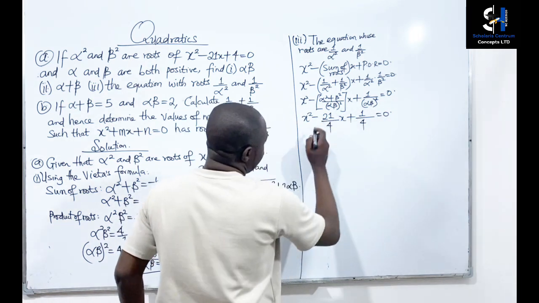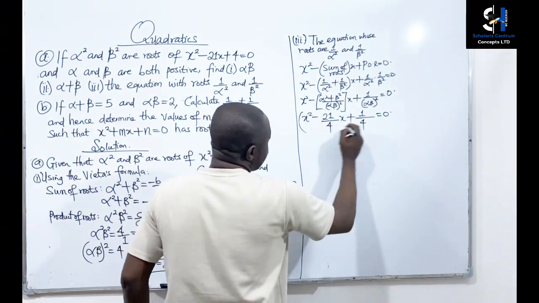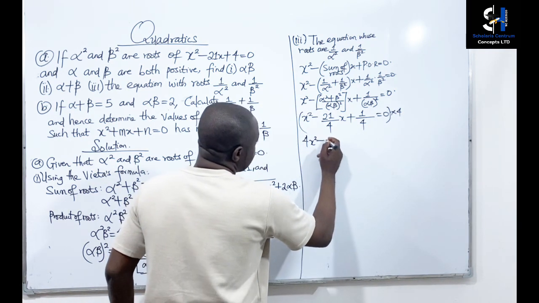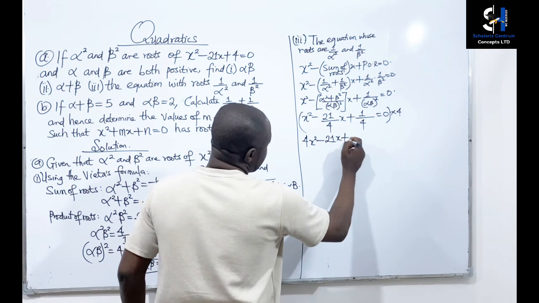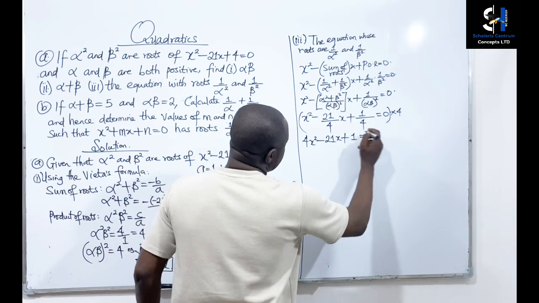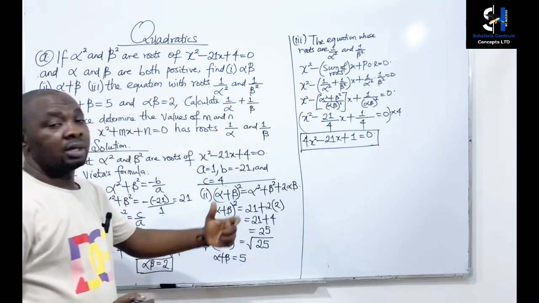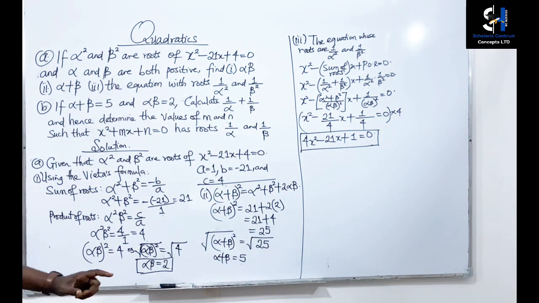Multiplying this equation by 4, this becomes 4x squared minus 21x plus 1 equals 0. So this is the required equation, and we're done with question A, Roman numerals 1, 2, and 3.